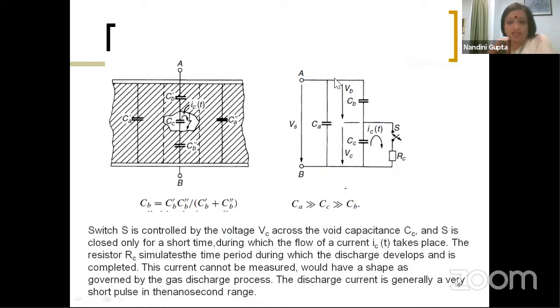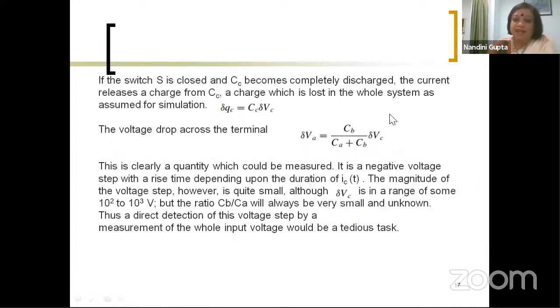Okay, let us imagine VS is the supply voltage, and let us imagine that VA is the potential difference across the total dielectric, that is CA. So therefore, any potential change, delta VC, would be related to a corresponding change, delta VA. And you can approximately establish a relationship between delta VA and delta VC.